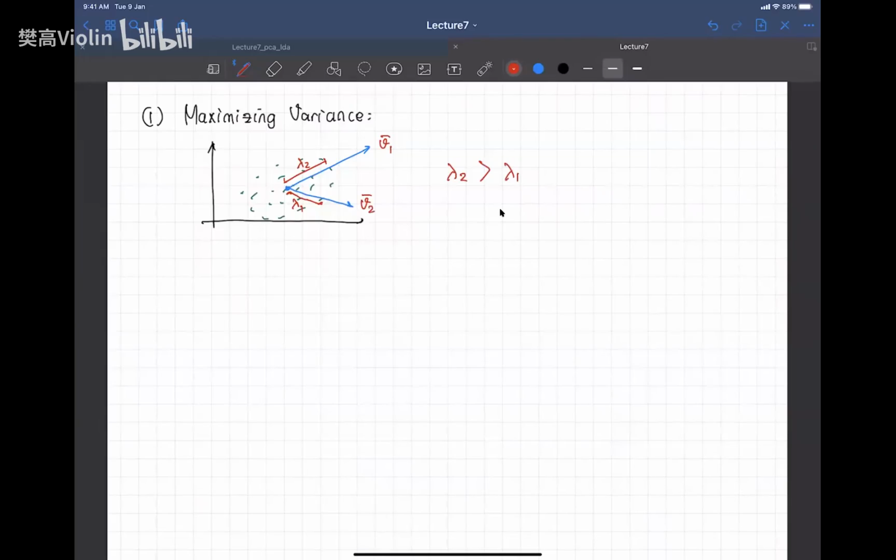In this case, the variance of V1 is greater than the variance of V2. So maximizing the variance means that we try to maximize this lambda. Okay, that is the intuition behind variance maximization.